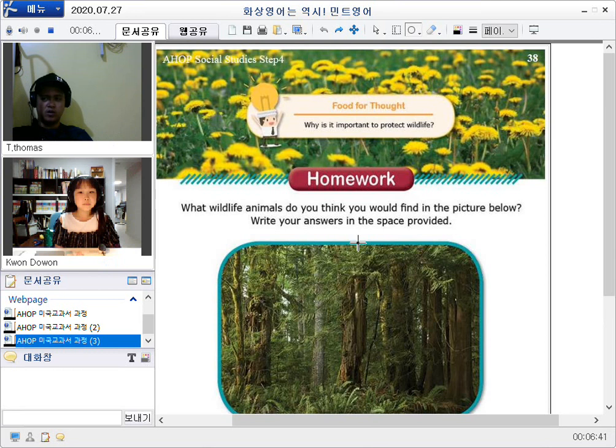Ah, they will lose their home. I see. So that is why we should not cut down the trees.